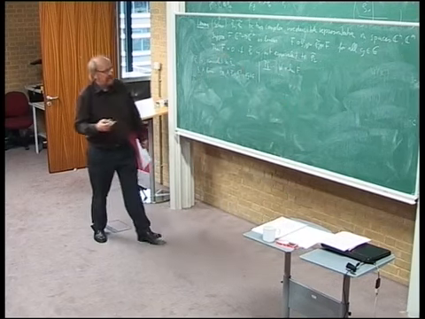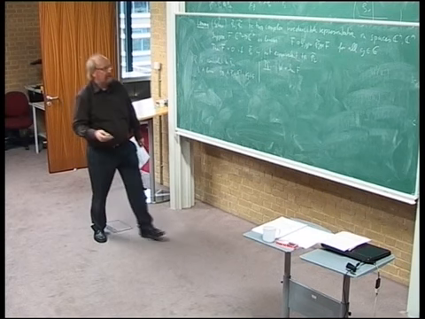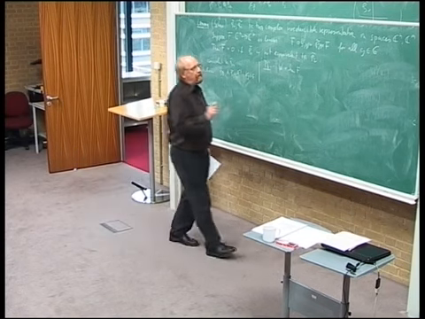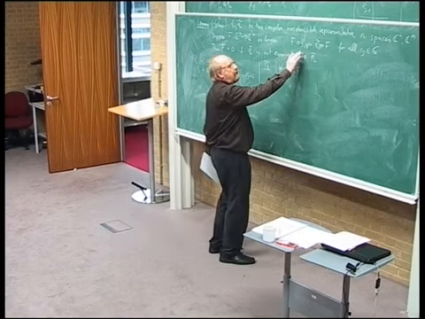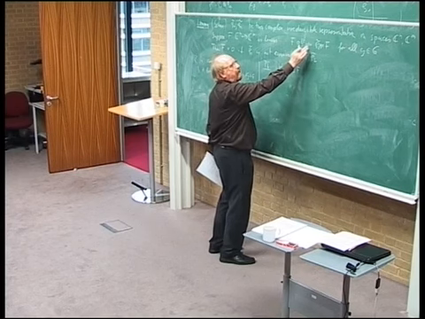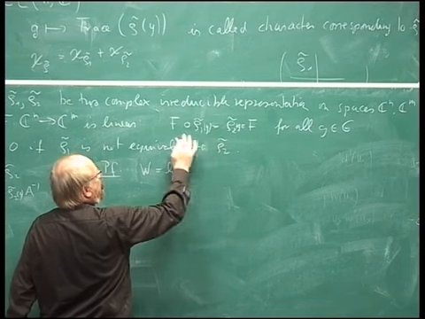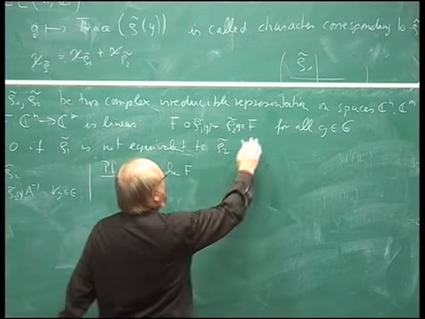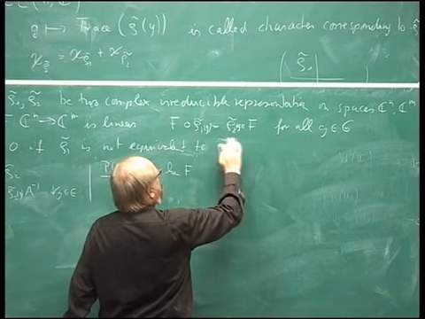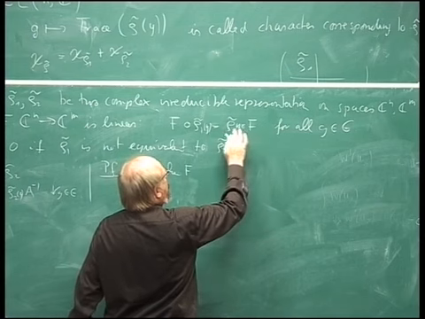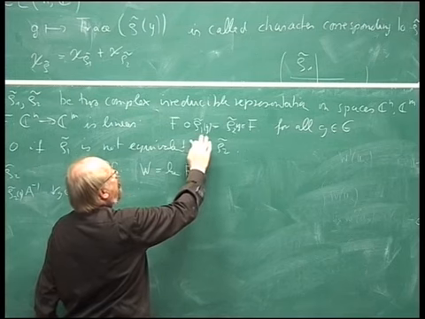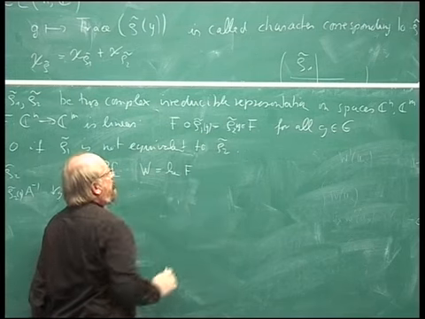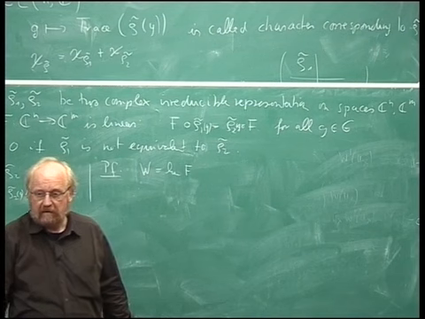If you start with an element in the kernel, you apply f to it and rho 2 to it, then you are at 0. So rho 1 of g has to map this element into the kernel as well, right?